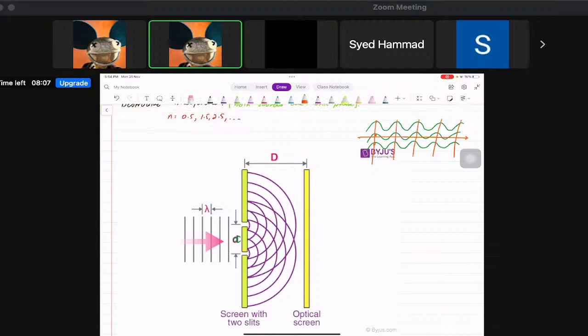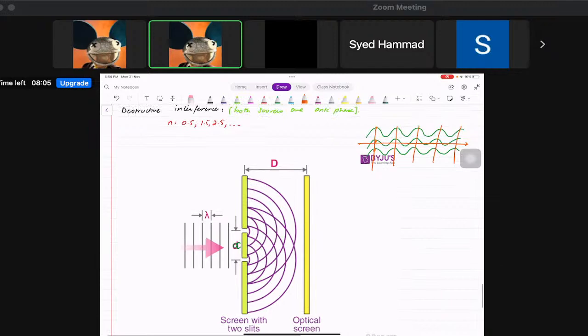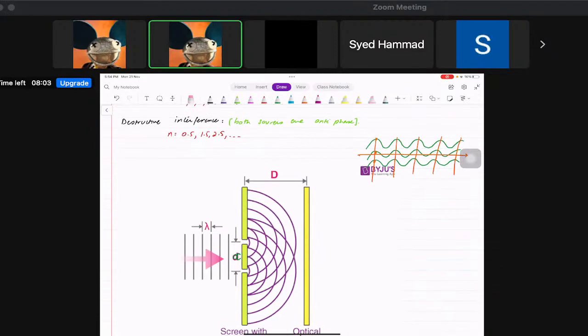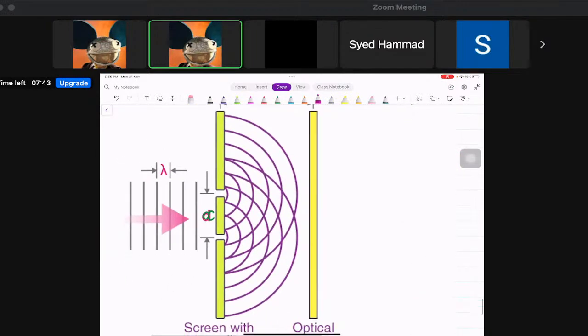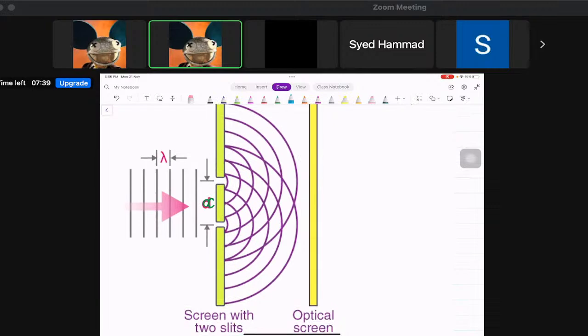So the solid lines are all crests, and if you want to display troughs, you generally do it with a dotted line. If you connect troughs together, they are basically dotted lines. Currently we have only crests shown, but I'm going to draw a number of lines just to depict this.